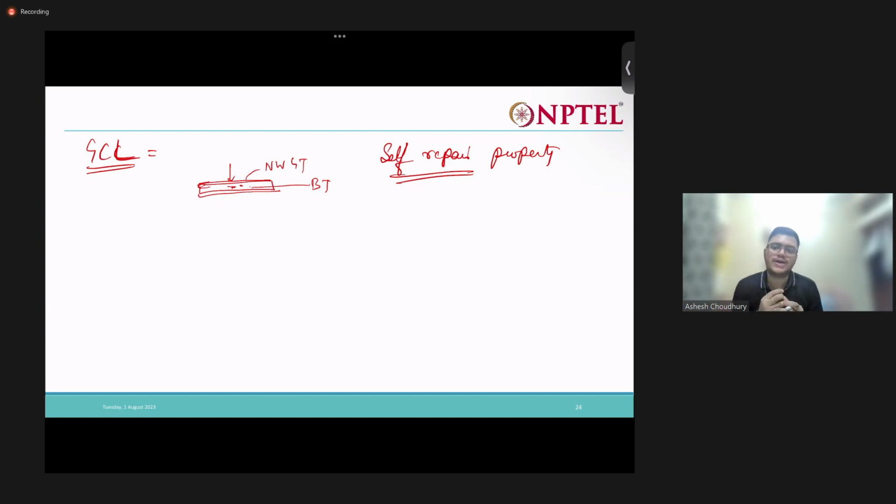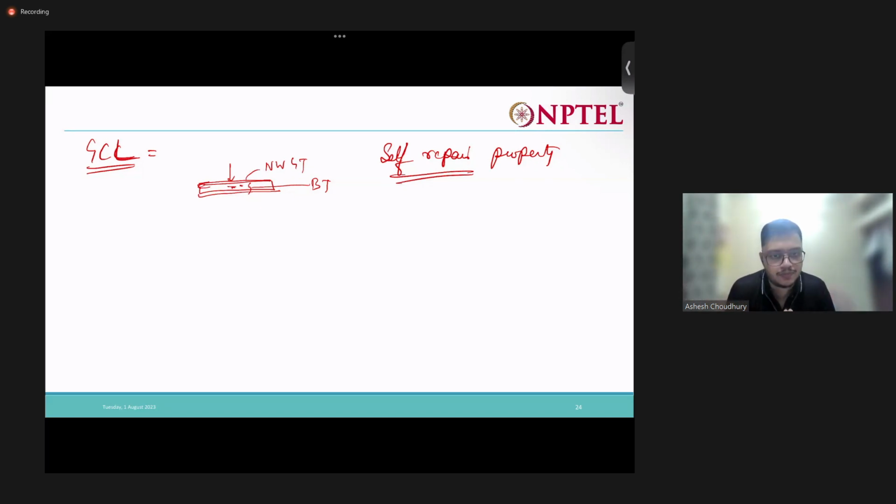The main property of bentonite is that it is highly expansive. As soon as it comes in contact with water, it is highly expansive because it has a huge plasticity index. As soon as it comes in contact with water, it will expand. Due to this expansion, if there are cracks in the clay layer, as soon as it comes in contact with a little bit of water, the bentonite expands, and the cracks in that bentonite layer get filled.